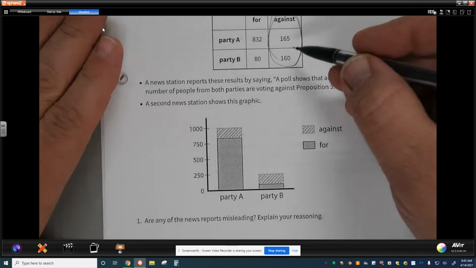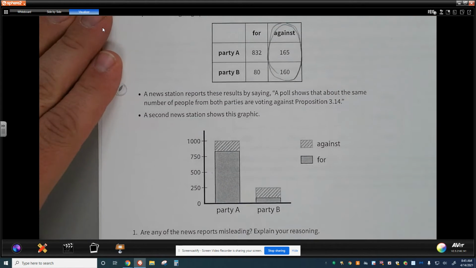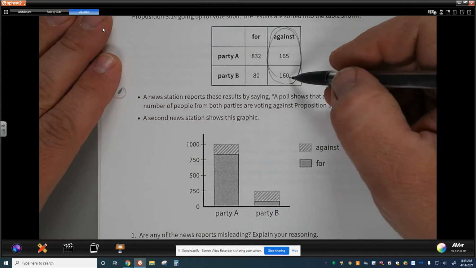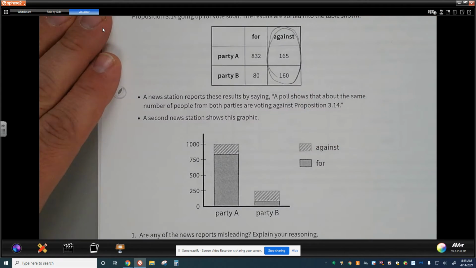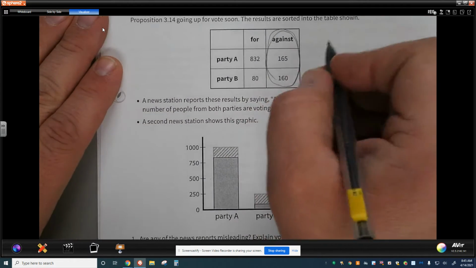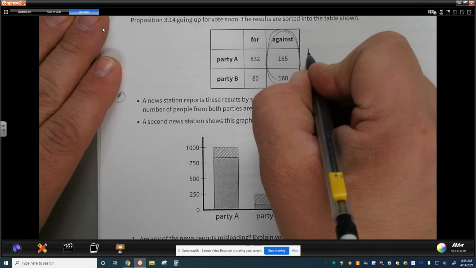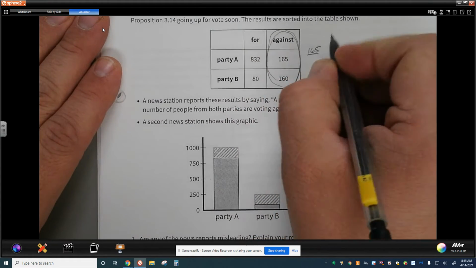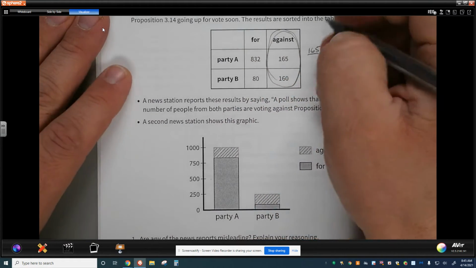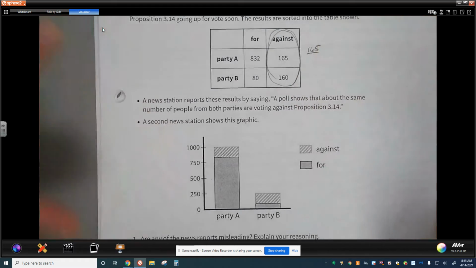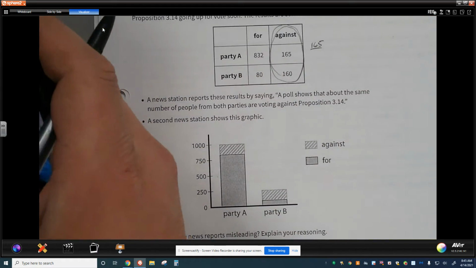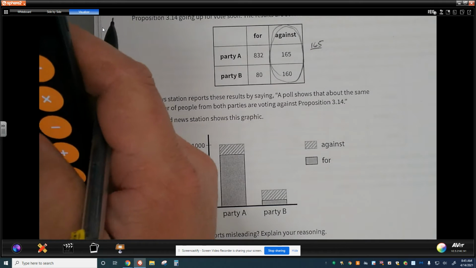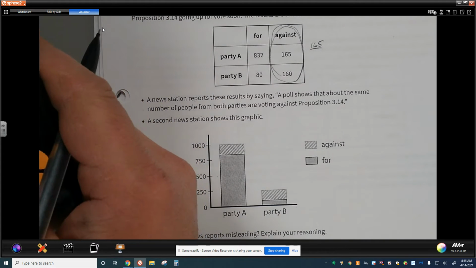Well, I think that this first one is definitely an obvious misleading thing because they didn't say anything about the for type of situation. When you look at this and you look at the relative value of this, 165 out of the total, there's not quite 1,000. Looks like there's probably, let me add these up real quick.